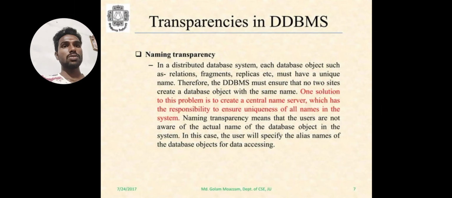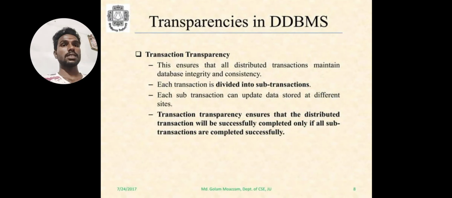One solution to the problem is to create a central name server, which has the responsibility to ensure uniqueness of all names in the system. Naming transparency means that the user is not aware of the actual name of the database object in the system. In this case, the user will specify the alias names of these database objects for accessing.